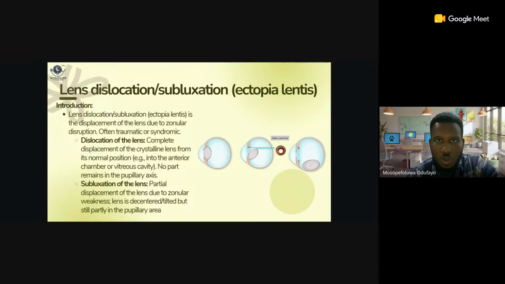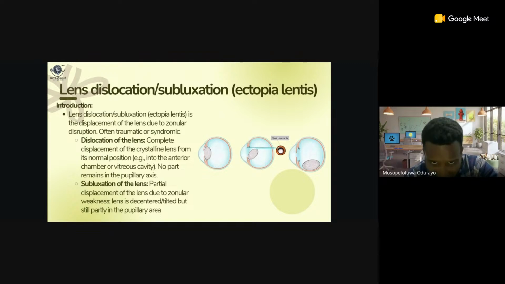First of all, you have partial displacement, which is subluxation, and then you have complete displacement. The lens is completely lying away from where it is supposed to be. It's now within the vitreous cavity, or it's within the anterior chamber. That is dislocation.